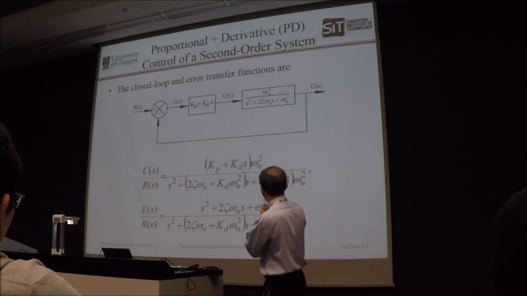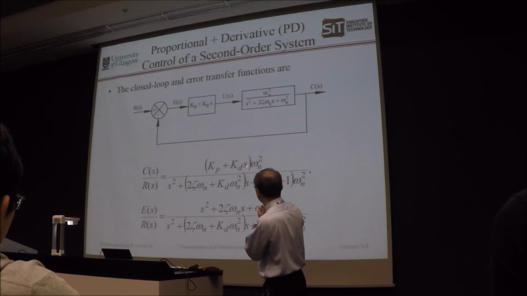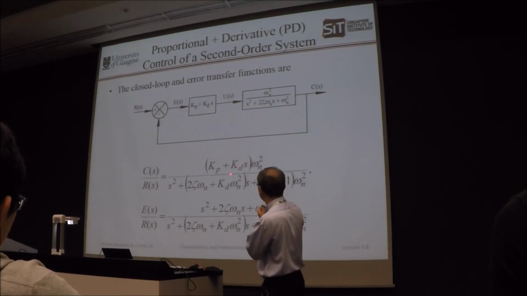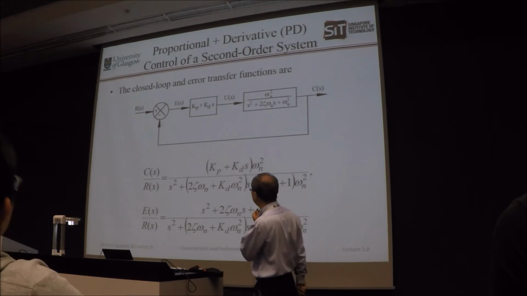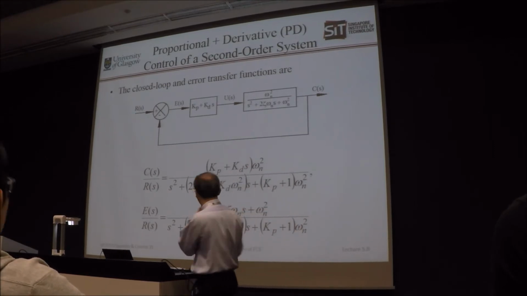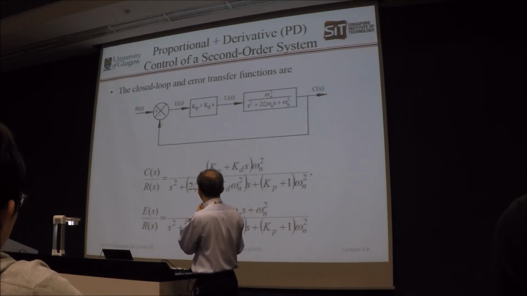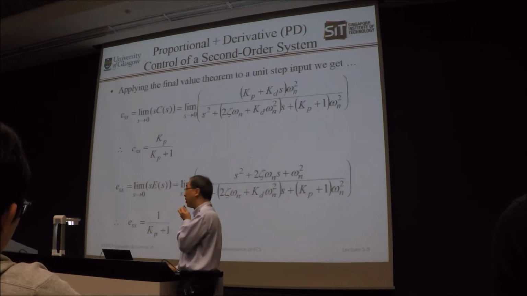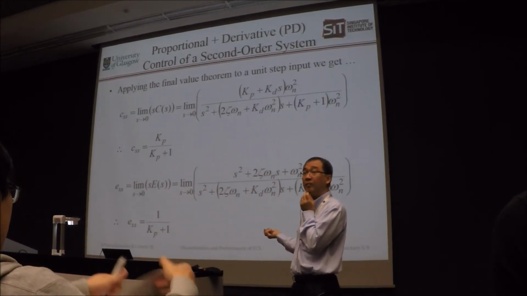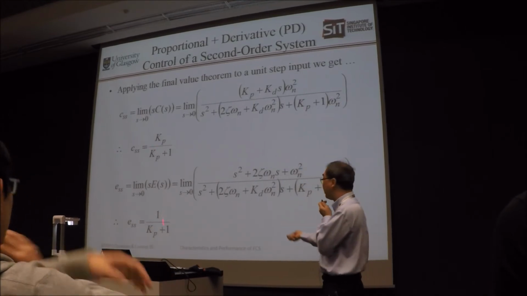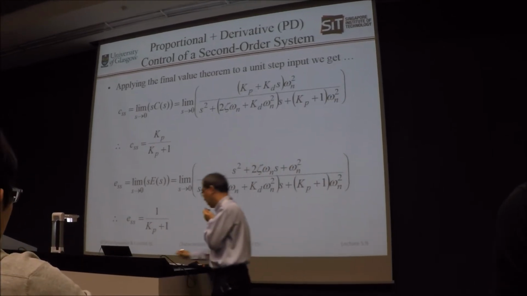The DC gain for this is going to be equal to Kp over Kp plus 1, because in your DC gain calculation, the Kd s term disappeared. So it's going to be Kp over Kp plus 1, and that's what you see, Kp over Kp plus 1. Alright? So the steady state error is 1 over Kp plus 1.